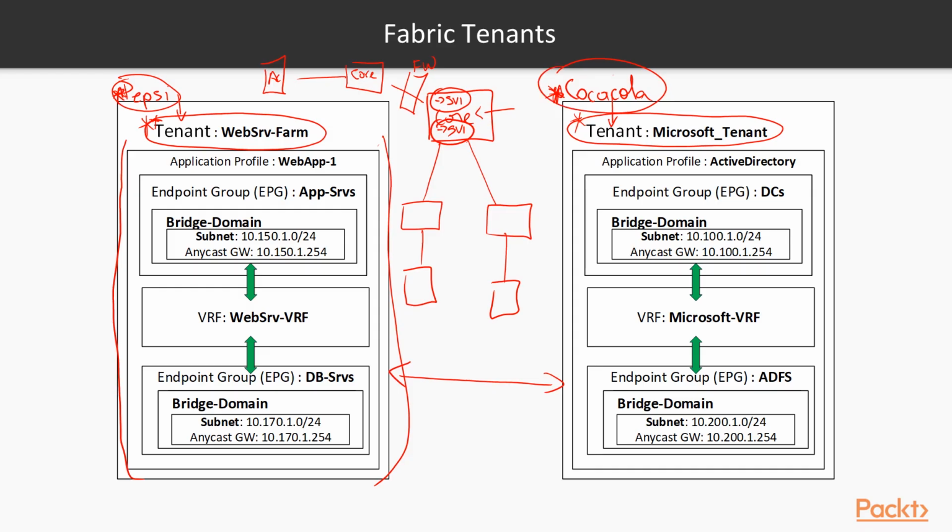Do you think that Pepsi and Coca-Cola will agree to allow traffic to hit both networks? Absolutely not. They want to make sure that anything that relates to Pepsi or Coca-Cola will be separate in its own little domain, its own little network, because this is what it is.